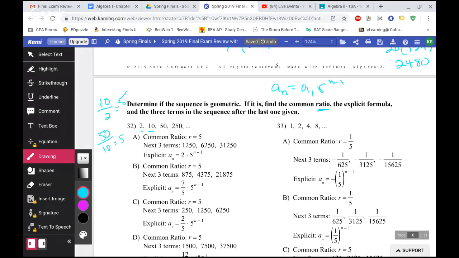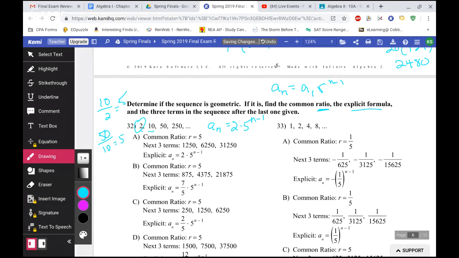So for this one, the explicit formula is going to be A sub n equals that first term, which is 2, times the ratio, which we have discovered is 5, raised to the n minus 1 power. That's why I say it's so much easier.